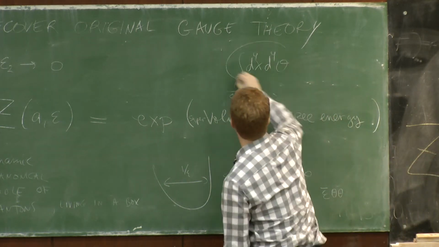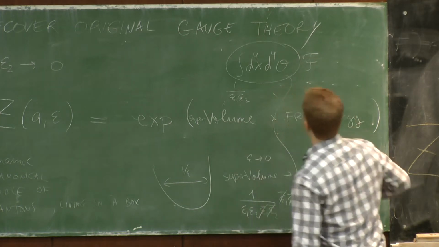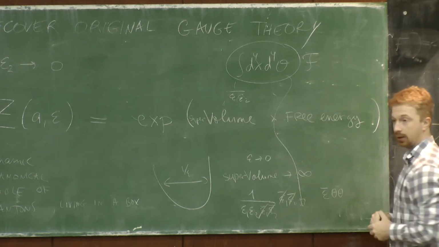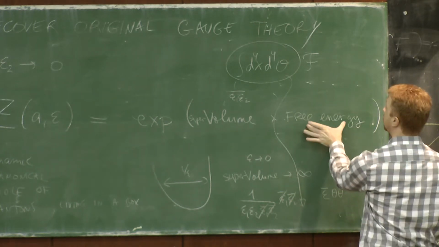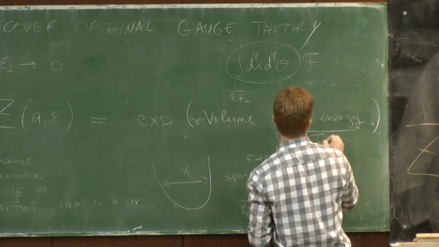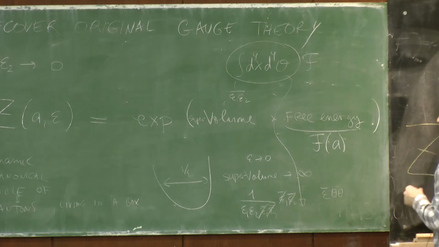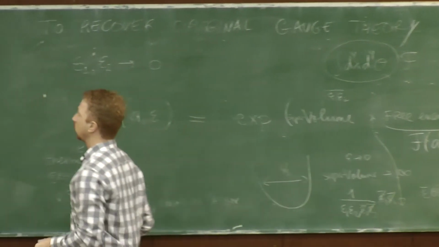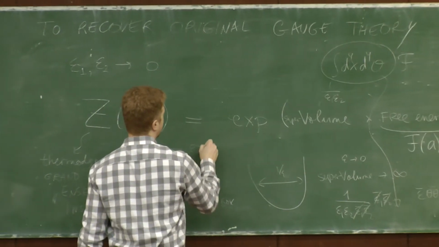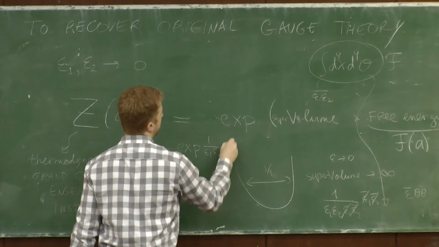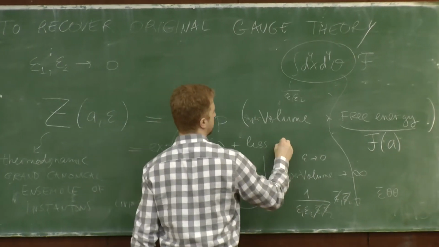So this is what stands here, and we had the prepotential as a measure in the effective action, integration over the superspace, and so that would be the free energy. So this is the free energy, now evaluated as a function of A. So the conclusion of that small discussion is that when epsilon goes to 0, you will recover the prepotential of the gauge theory as the leading singularity of the partition function.